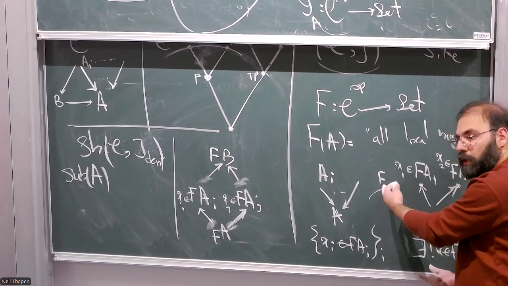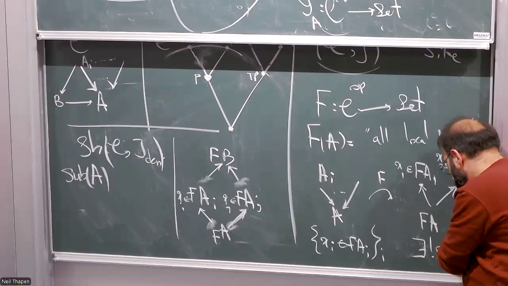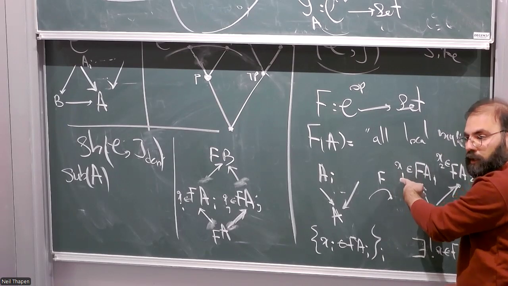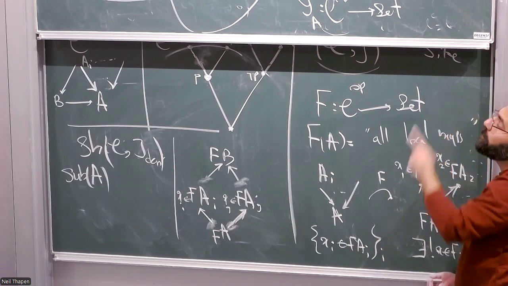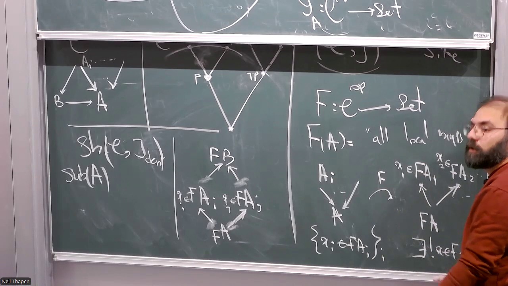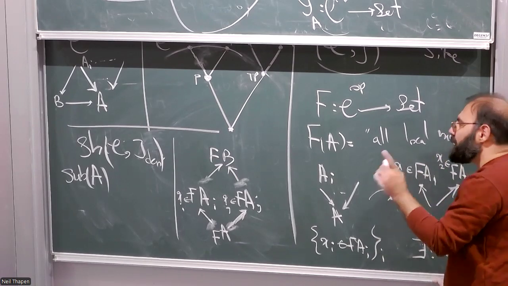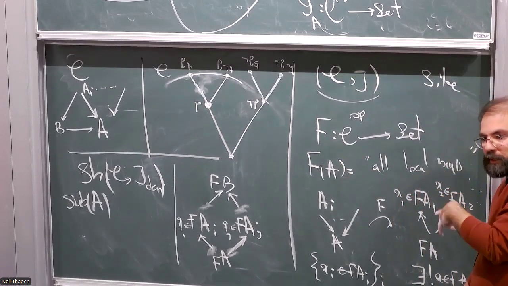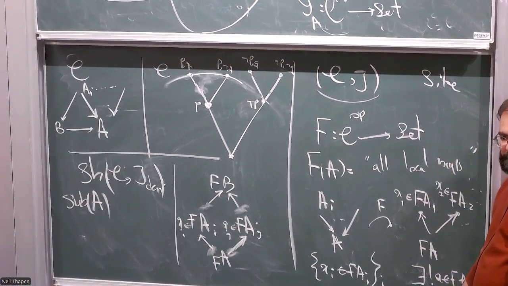If you know it locally, then you know it. So for instance, you can use it to prove that two things are equal in F of A if they are equal on a covering, right? The whole information is local. And also you can glue, not like the bounded case. If you glue them, you get again a function. So if F has that property, I can say that F actually encodes locally defined maps, not all maps, in some vague sense.